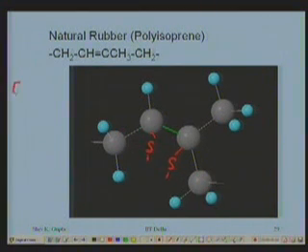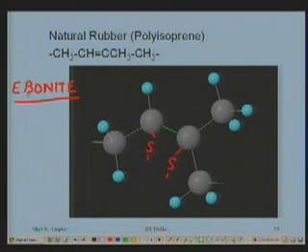After complete networking, this material is called ebonite. And you know, ebonite is a rigid material. It's not an elastomer. So that's why I said I want the cross links after every few hundred monomers, a few thousand monomers.